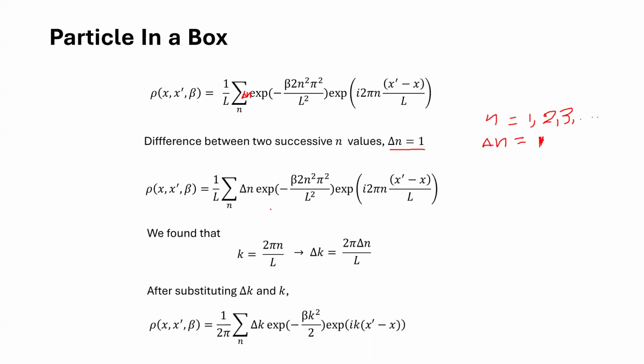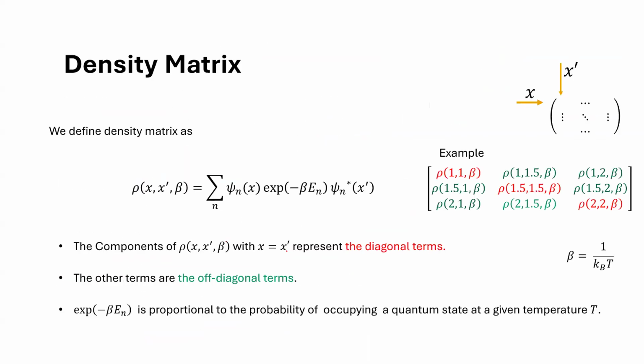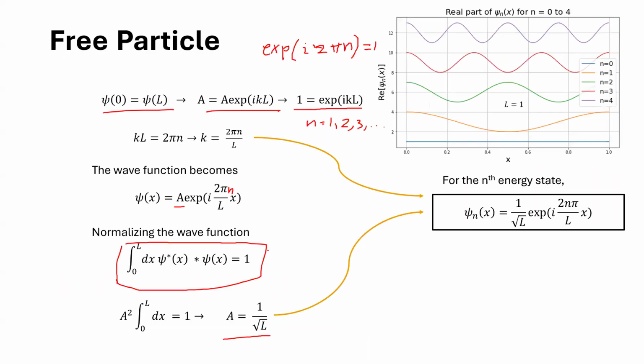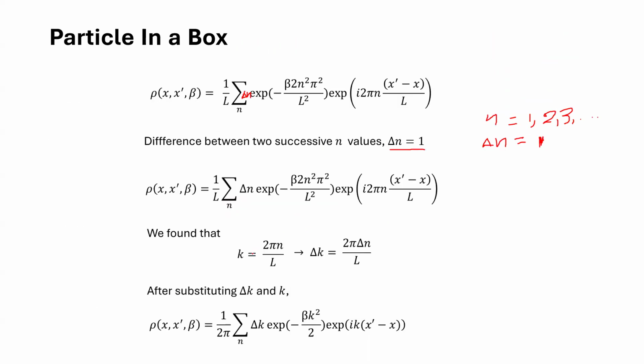So we are getting this formula, and then we know that k is equal to 2 pi n over L. We showed that previously. To go back, we learned it here, right? So k is equal to 2 pi n over L. For a small change delta n, there is a small change delta k, and we know L is a constant for a given box.